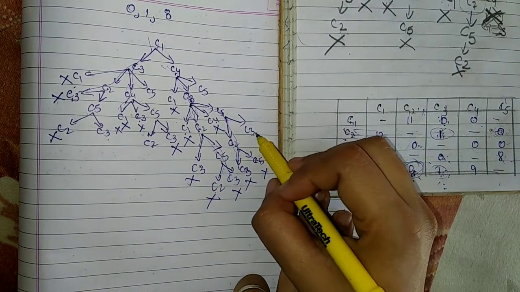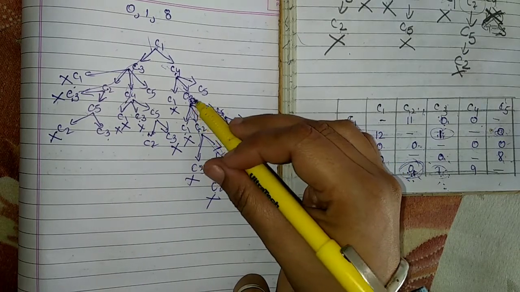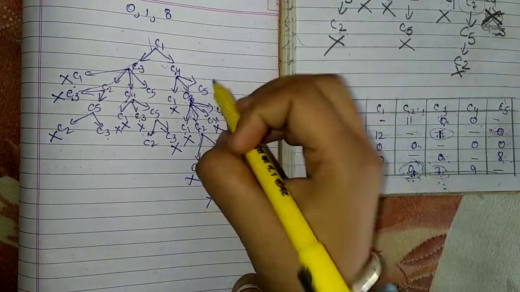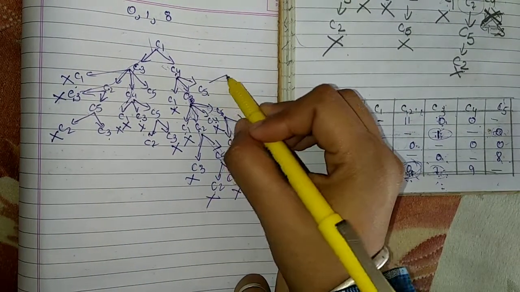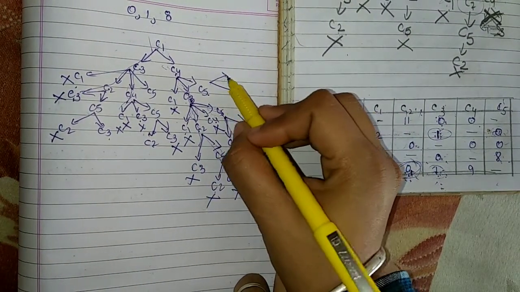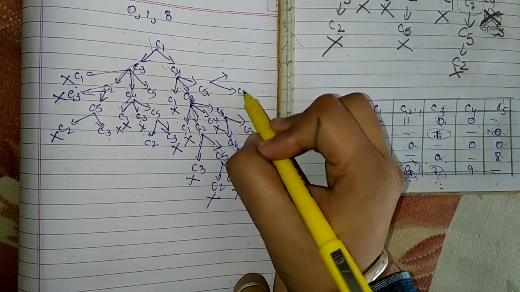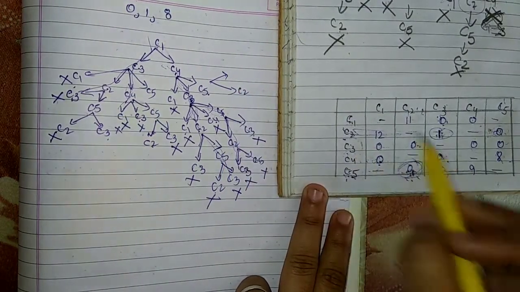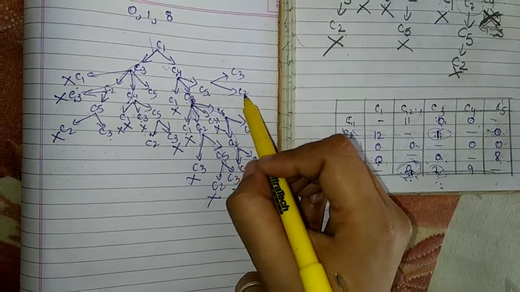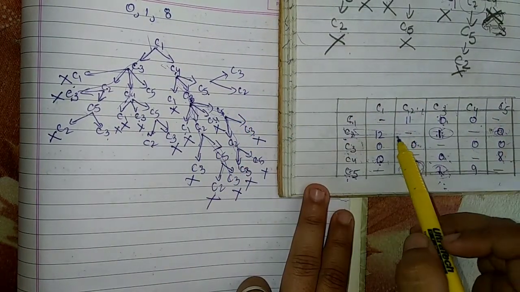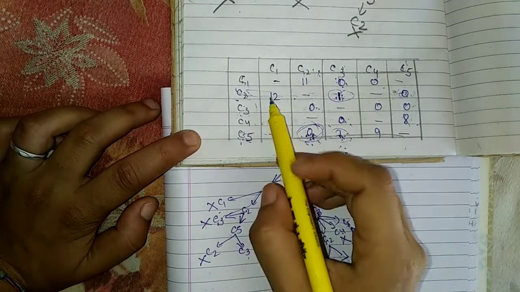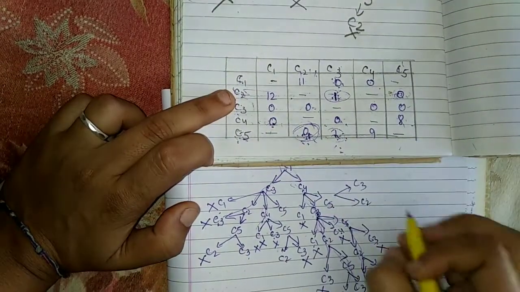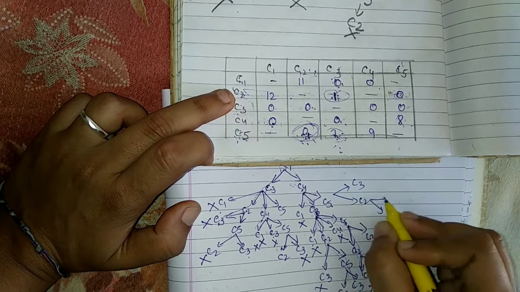C3 is unfavorable because it is already covered here. C2 and C3. C2, 1 or 0 means C3 or C5.